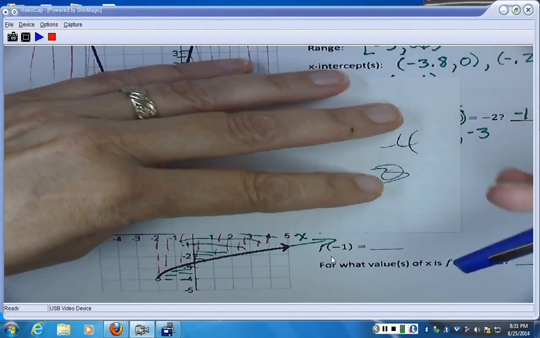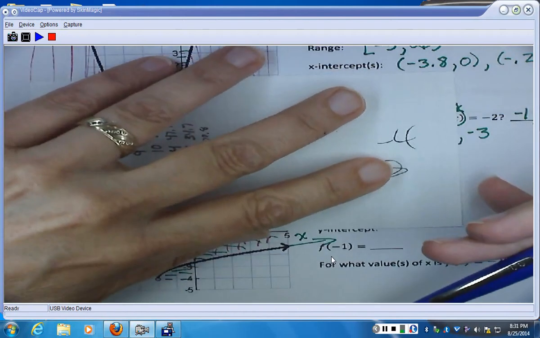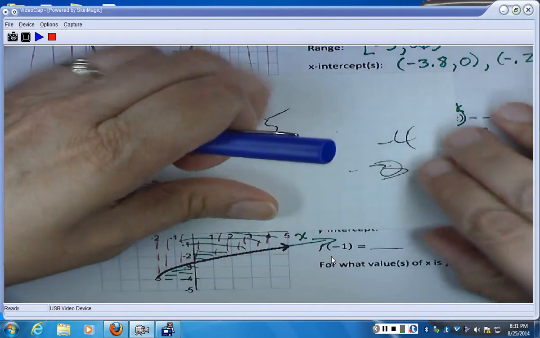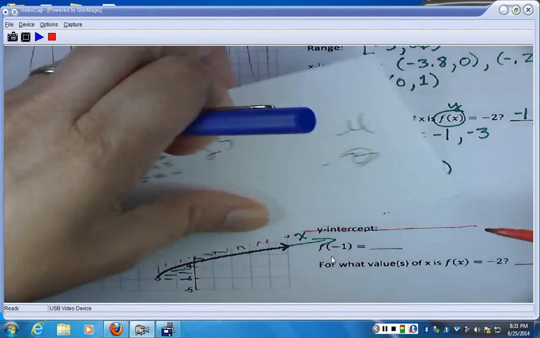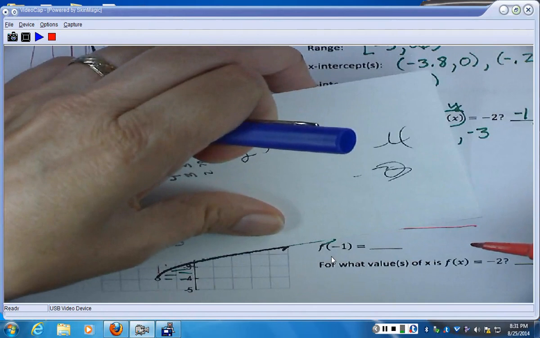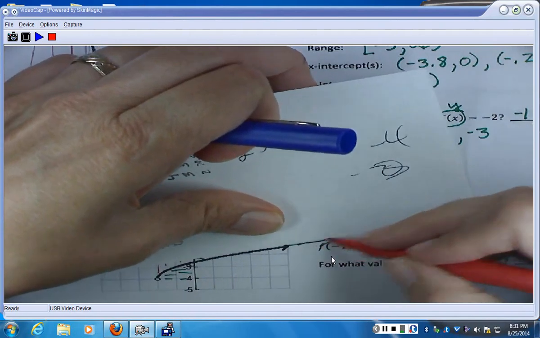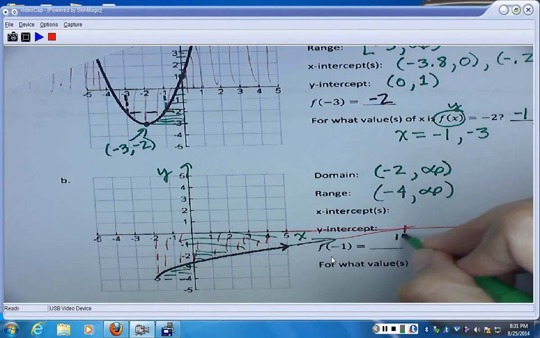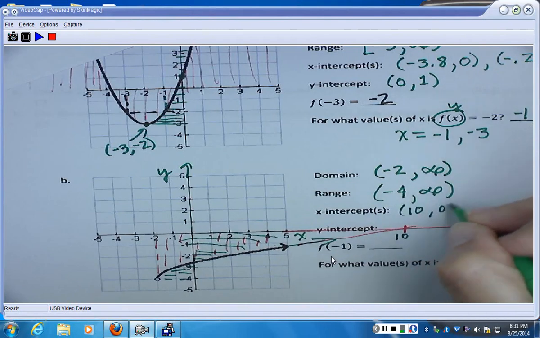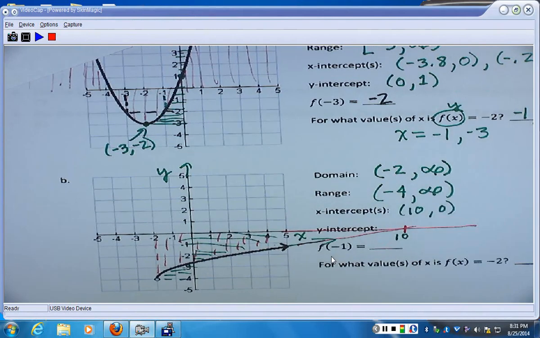Here, we'll continue this line. Hopefully I don't think I asked you something that goes off the page like this. So it's somewhere out here. I'm going to say 10, 0. I don't think any of yours is going to go off the page like that.